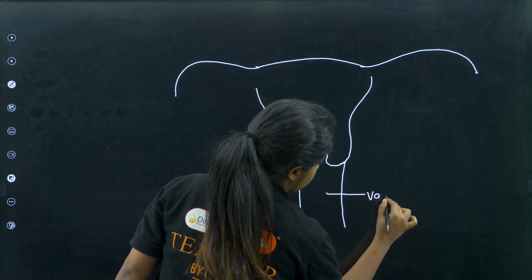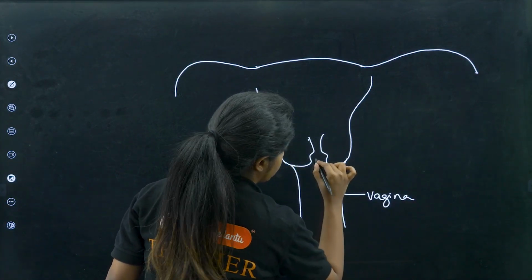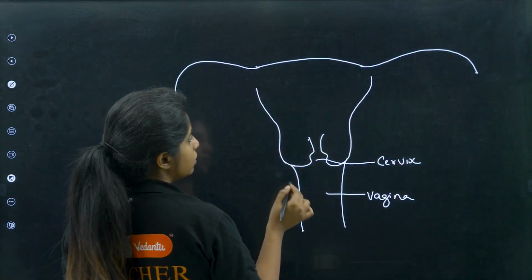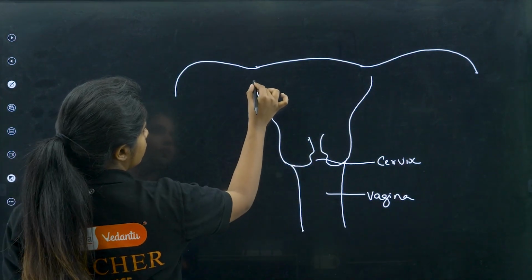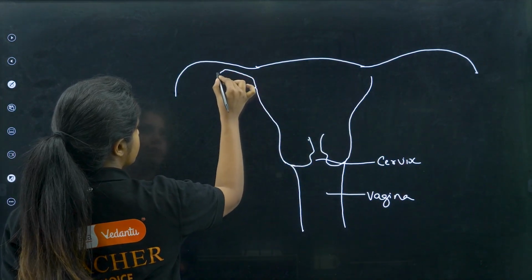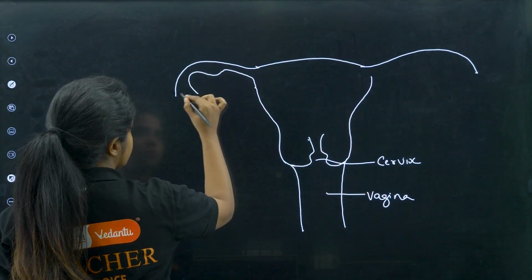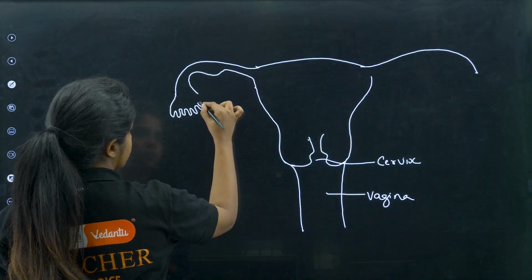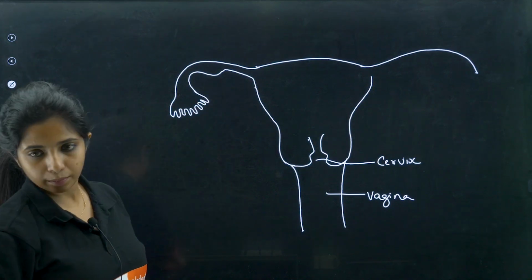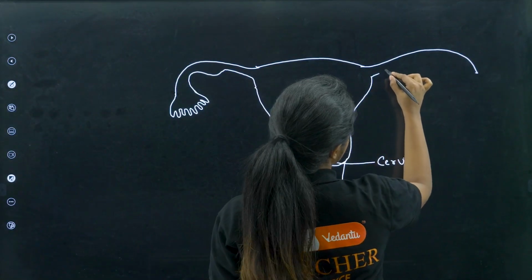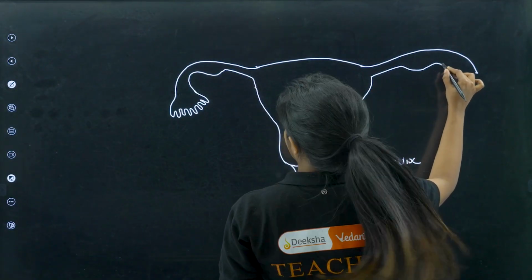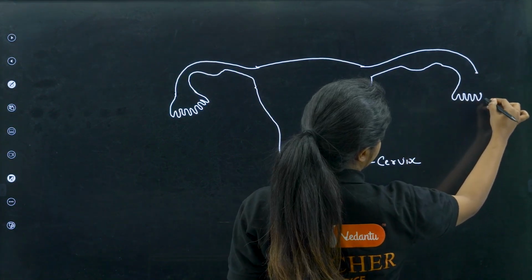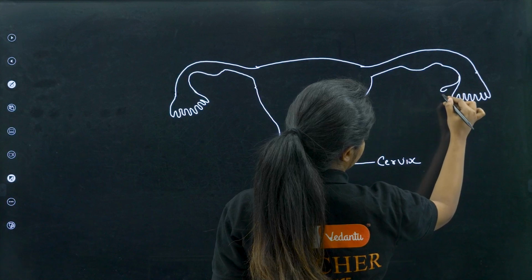This is what? The vagina. This will be what? The cervix, my dear children, or basically the cervical canal. Up over here, you will be having the fimbriae. Here also, if you come around, you will be having the fimbriae. Let's make the fimbriae here as well.